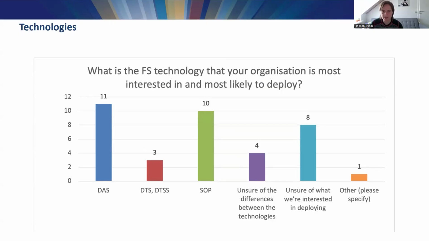Some of the NRENs are not really sure what the difference is between the two technologies, which probably means we have to inform them better of what it is and what you can do with it. Some are also unsure what they want to deploy on their cable. But we do have a big part of the NRENs that is interested or has already deployed some interrogators on their cables and are doing research on that.